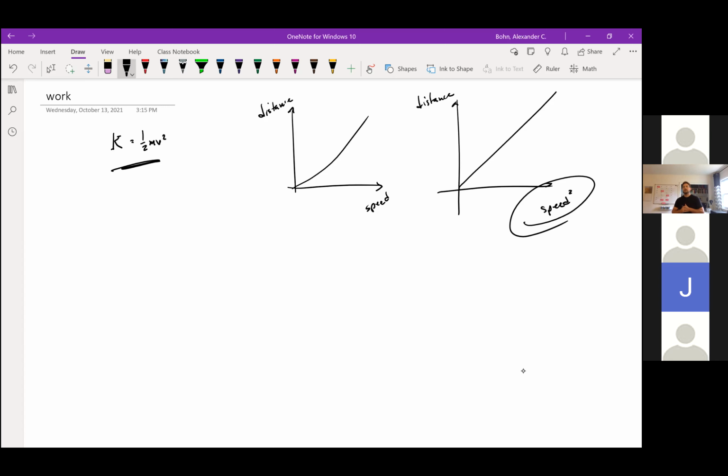The force applied for a distance, I keep saying that, greater the force, if the force is bigger for the same distance, okay, it's more. If the force is the same but the distance is longer, it's more. Force applied over distance.